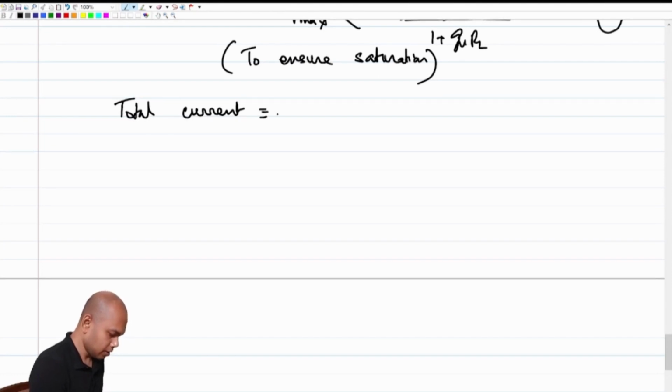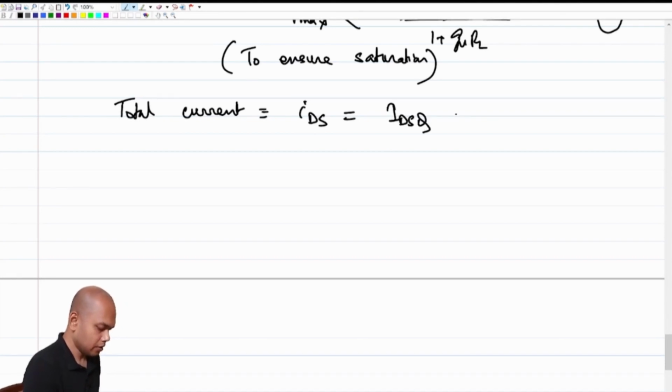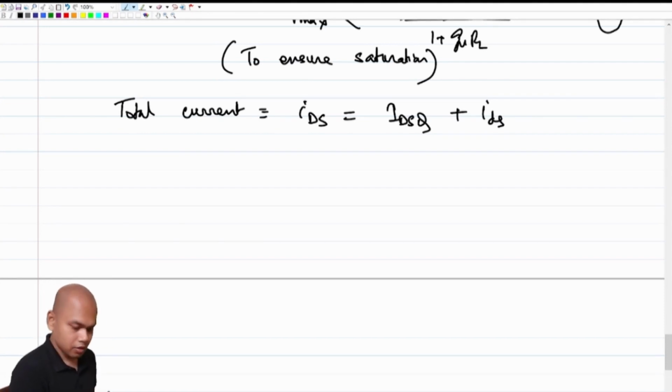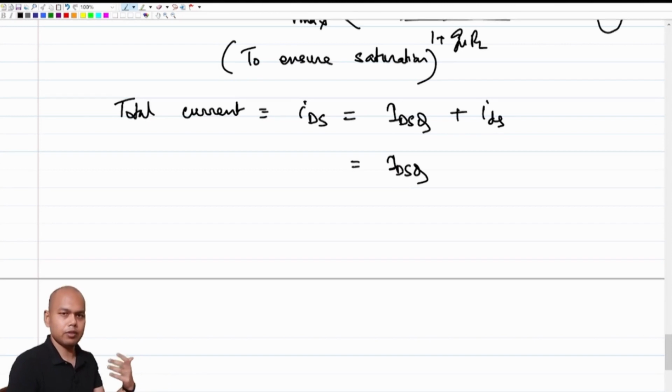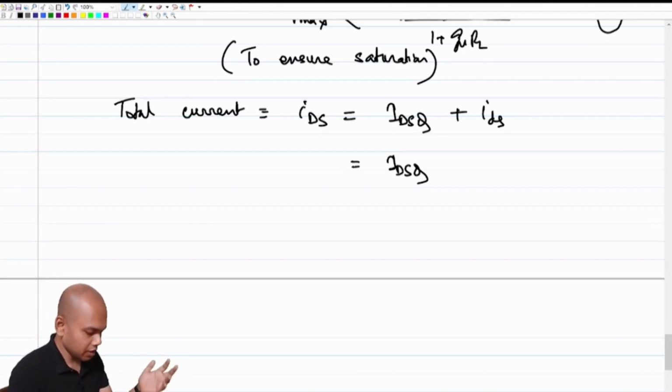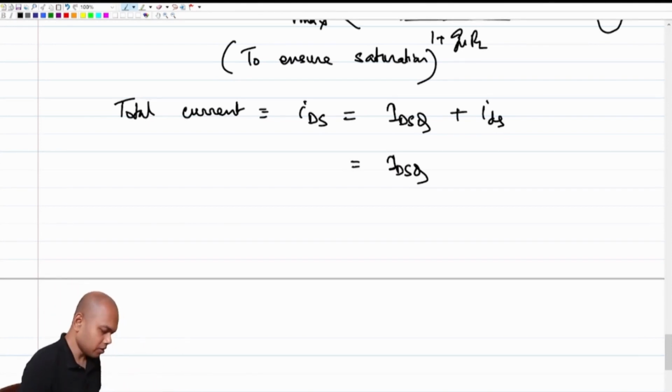Total current IDS is IDSQ plus small IDS. So IDSQ we have found out from our quiescent conditions, right? So mu n C ox W over 2L times VGS minus VT whole square. So we have found out IDSQ.